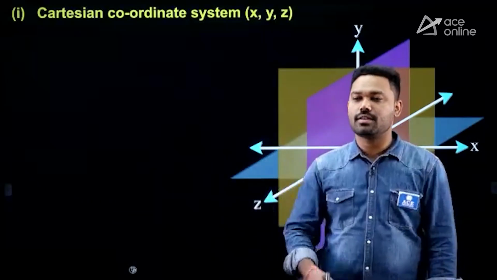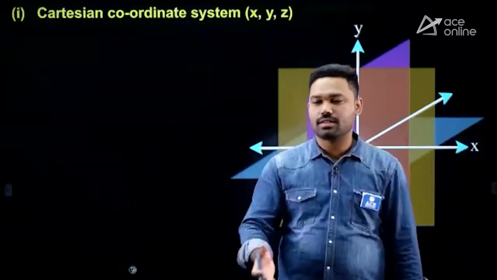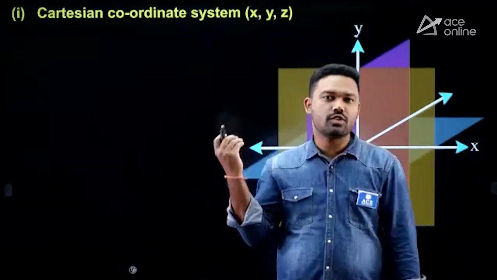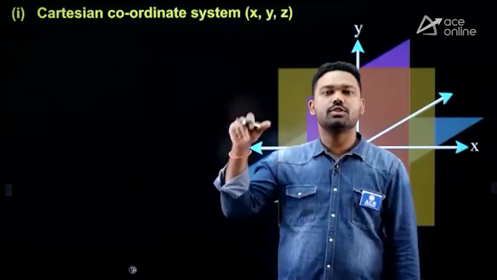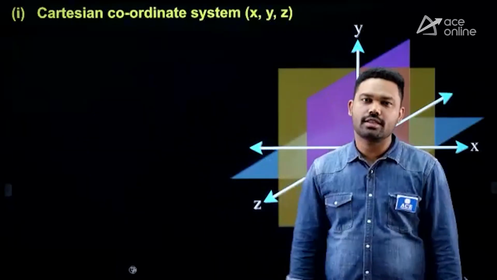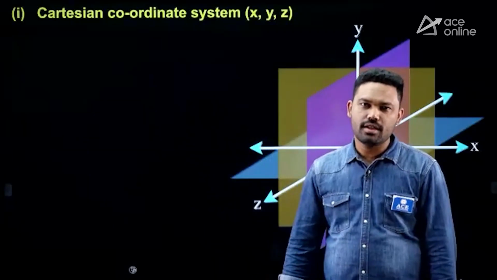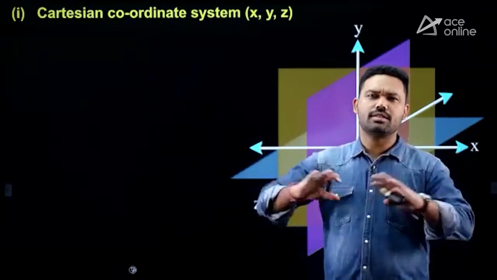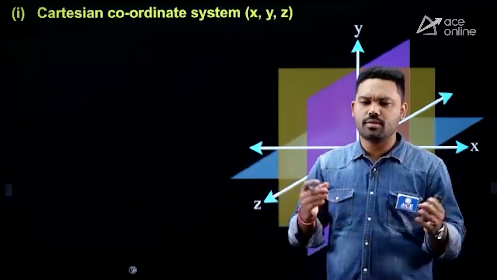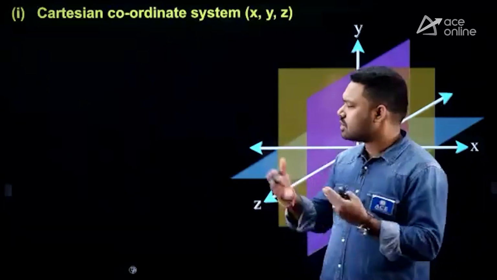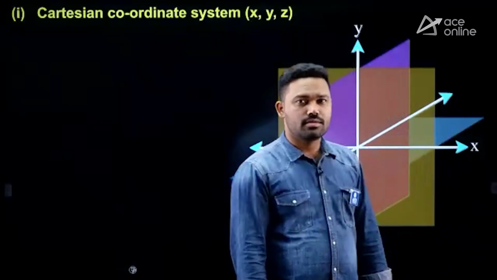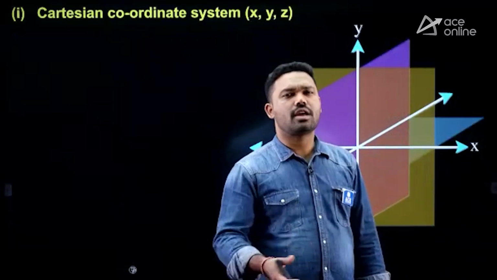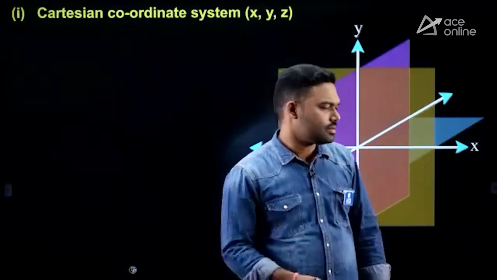Then only will you identify the numerical values and parameters, which you can substitute in the formula, and that is how you get the answer. For almost 50% of the topics, you need proper visualization. You should know how to draw the coordinate system. Not 50%, I would say 70%.